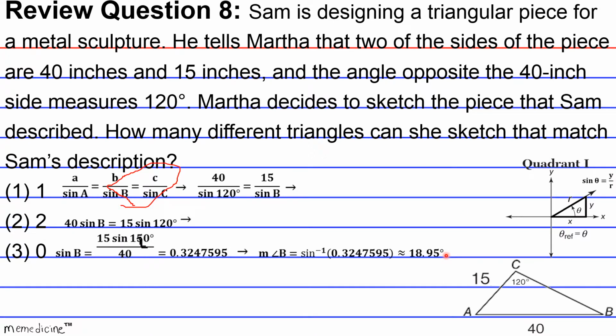But what we also have to do now is increase our awareness that there is another angle with a positive sine in quadrant 2, because quadrant 2 is also bound by the positive y-axis. The denominator in sine is always going to be positive because it's not a coordinate, rather it's a measurement.